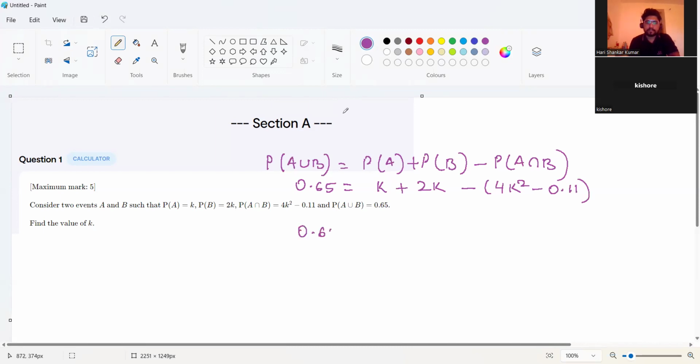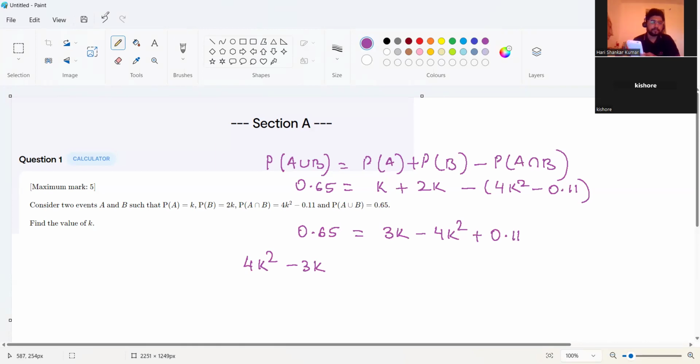It is 0.65 = k + 2k - (4k² - 0.11), so 3k minus 4k² plus 0.11. Putting all the terms on the same side, 4k² minus 3k plus 0.54 = 0.